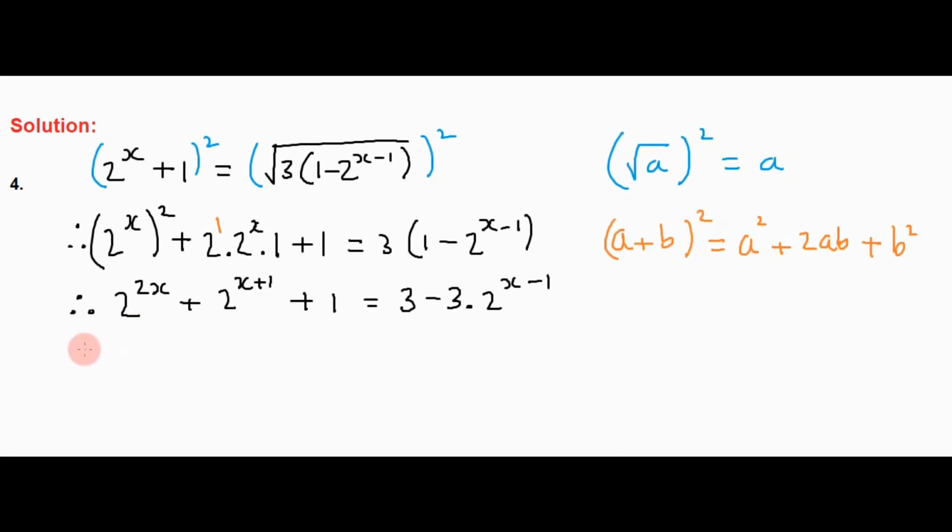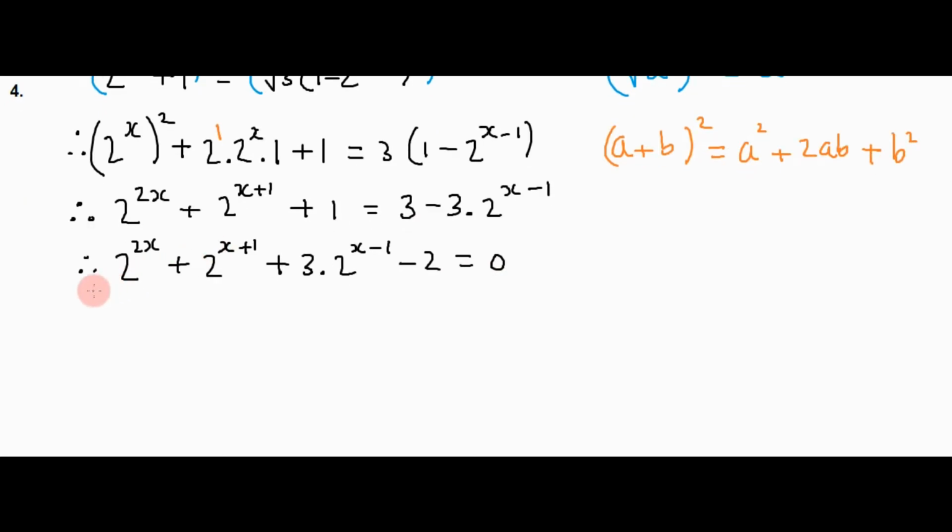Now we can bring all our terms to the left hand side. So minus 3 times 2 to the x minus 1, when we bring it across, it becomes positive. Then we have 1 minus 3, which is negative 2. We're going to break up the two middle terms.